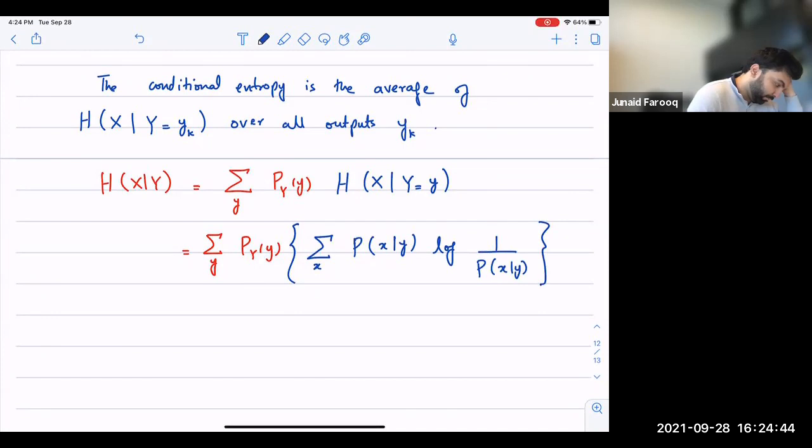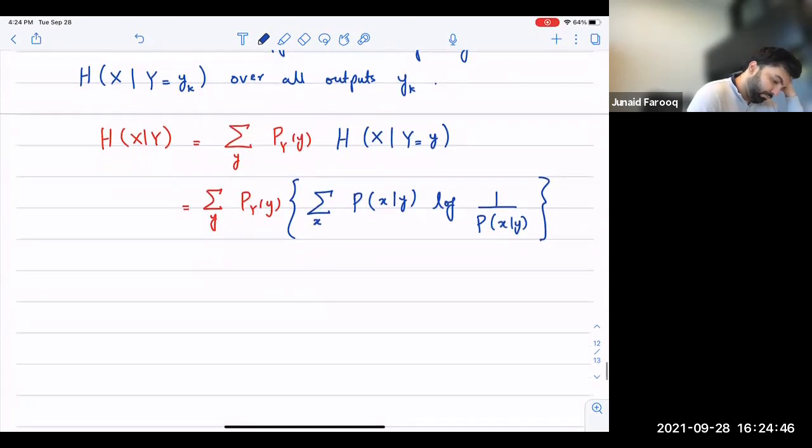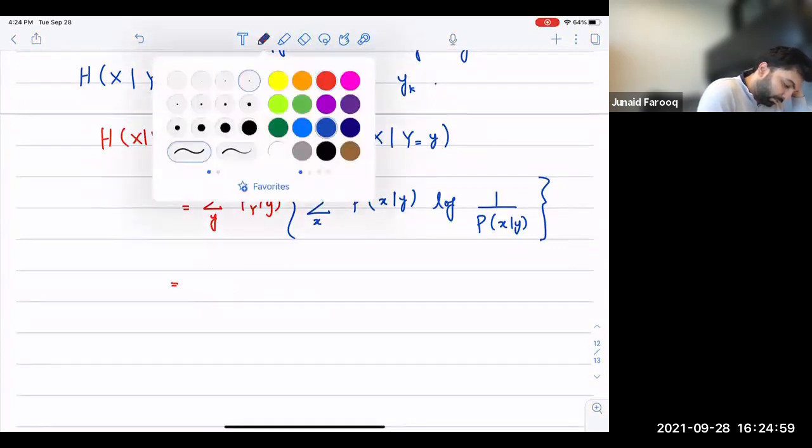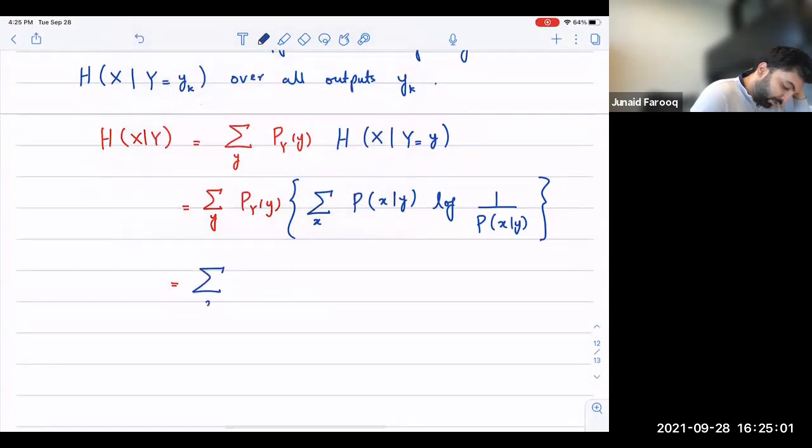Now, if you expand this, you can pull out the summation, so the sum over x comes outside.